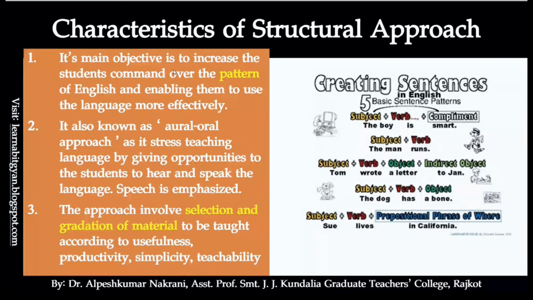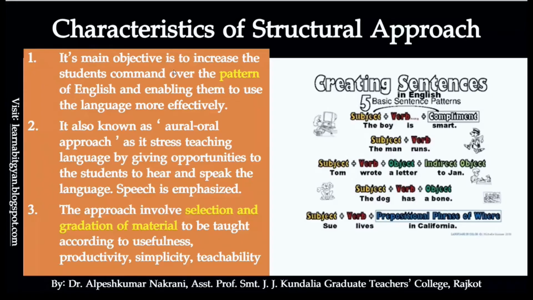Now it is important that the approach will be successful only if you select and grade the words and structures properly. If you fail in arranging the structures and vocabulary, the approach will not be successful. Now, what are the criteria?